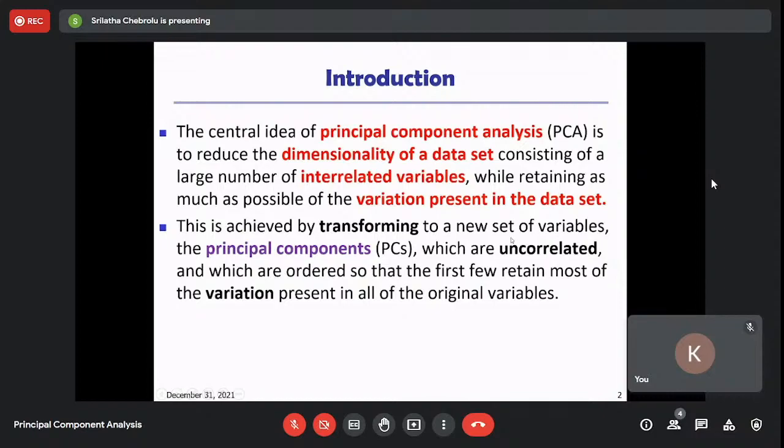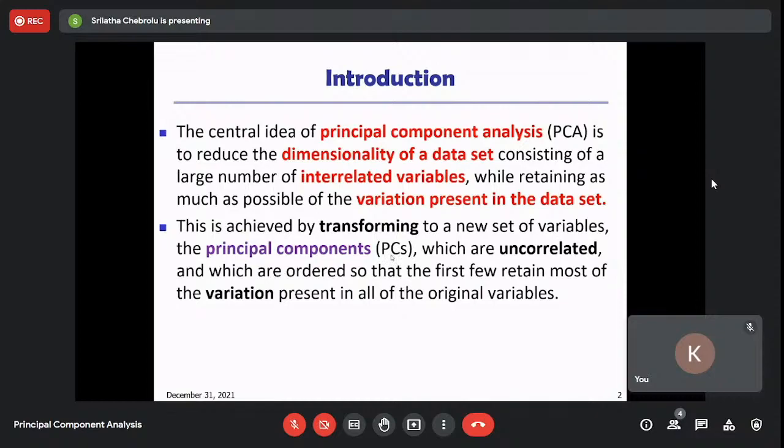Principal components. How are we doing it? The principal components are uncorrelated. There won't be any correlation between the first principal component and the second principal component. A principal component is the new dimension, the transformed, extracted dimension.